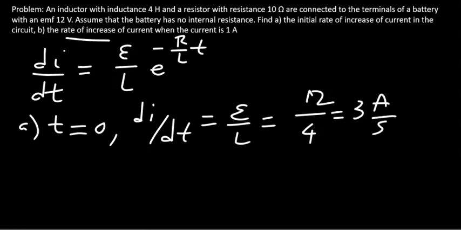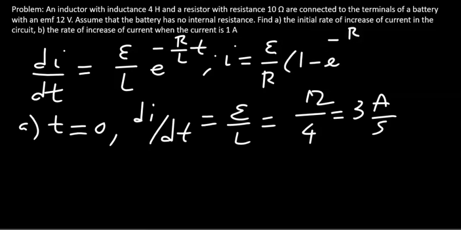What about the rate of increase of current when the current itself is 1 ampere? For that, we need to know what the time is when current is 1 ampere. Remember, the expression for I as a function of time is E over R, 1 minus e to the power minus R over L t. So for part B, when I is 1 ampere, E is 12 and R is 10.